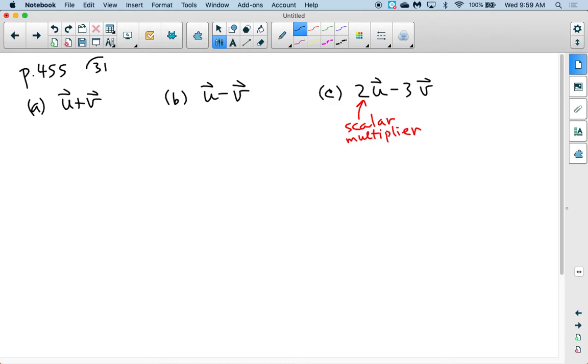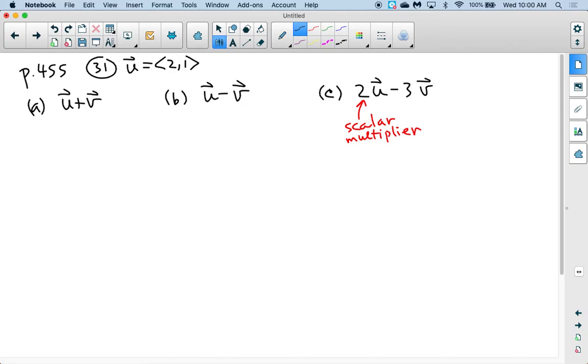31. U is 2, 1. These are component forms. If you have these vectors in component form, then it's simply easiest to use the components. You're just using these components to do the addition, subtraction stuff.